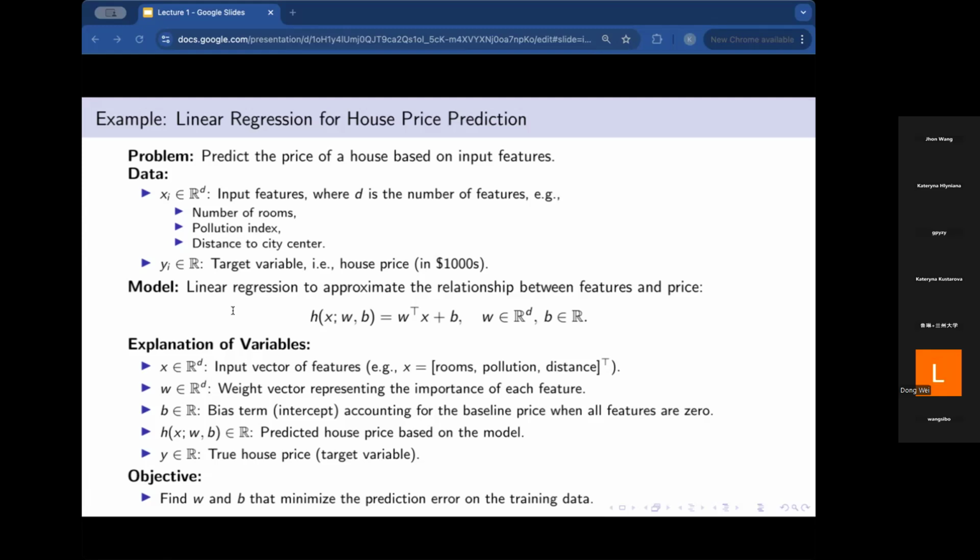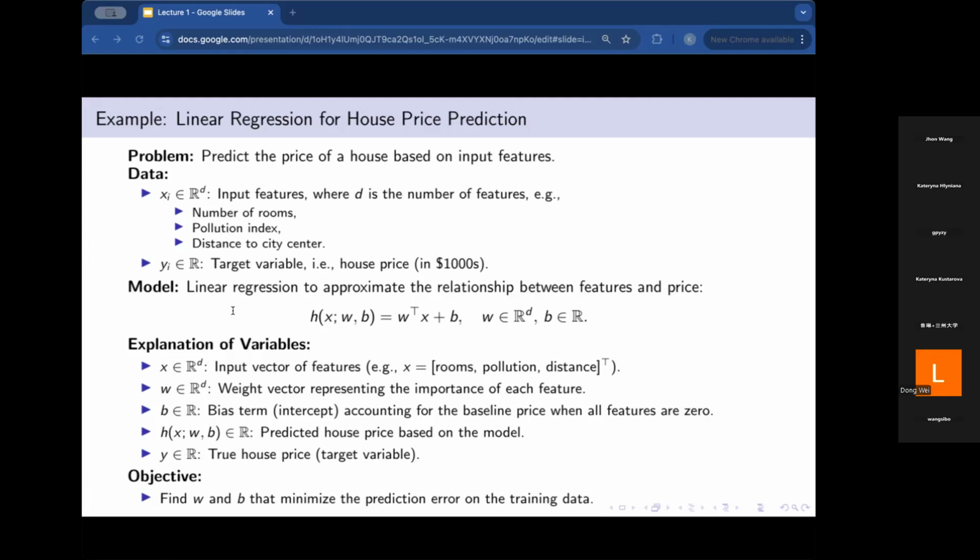The model is represented by h of x, W, and b, which equals the dot product of the weight vector W and the input x plus a bias term b. To break down the variables further, x is the input vector of features, again such as rooms, pollution, distance, and so on. W is the weight vector that represents the importance of each feature.